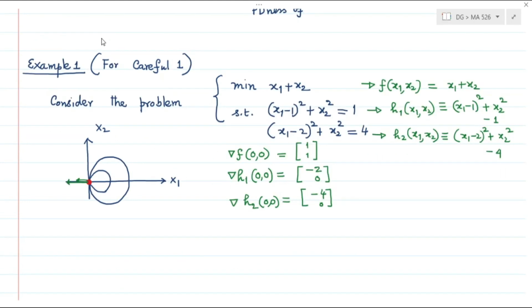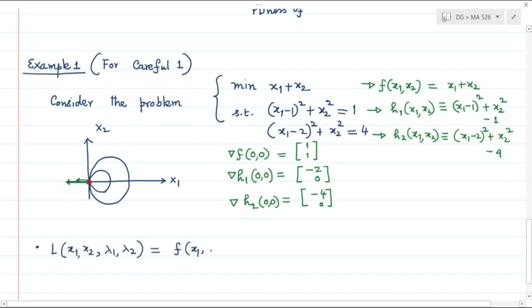Now deliberately apply the Lagrangian method: in step 1 you construct the Lagrangian function L(x1, x2, lambda). You have two variables and you have two constraints, and therefore you will consider two lambdas, lambda 1 and lambda 2, and this will be given by f(x1, x2) plus lambda 1 h1(x1, x2) plus lambda 2 h2(x1, x2), right?